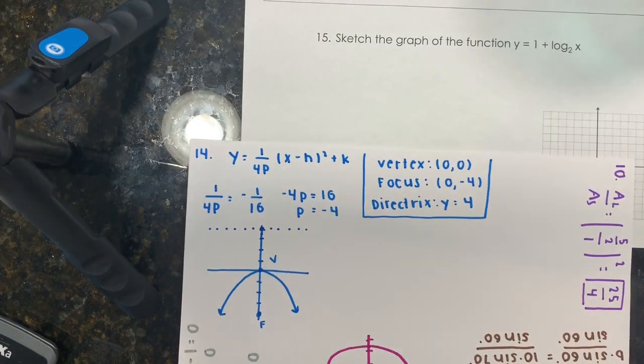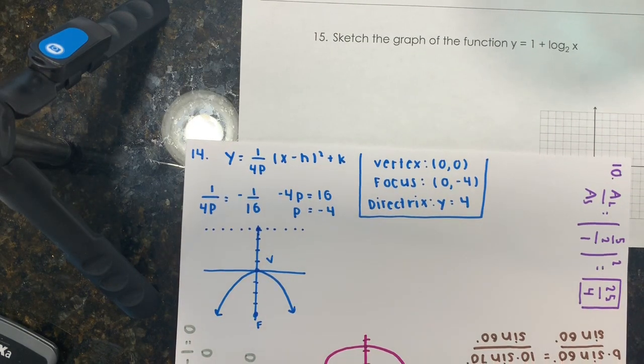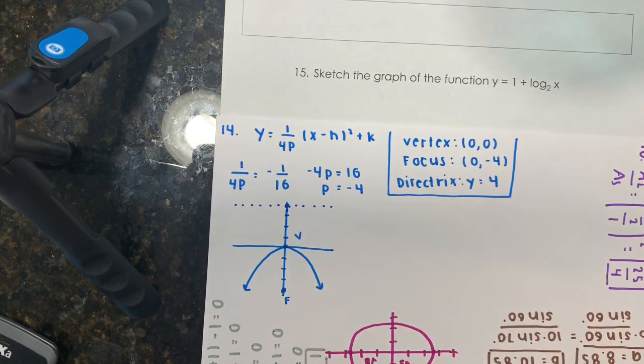Now, lastly, for number 15, we are going to sketch this function. But what I'm going to do is just focus on the log base 2, and then I'm going to add 1. It's basically going to shift on the y-axis up 1.